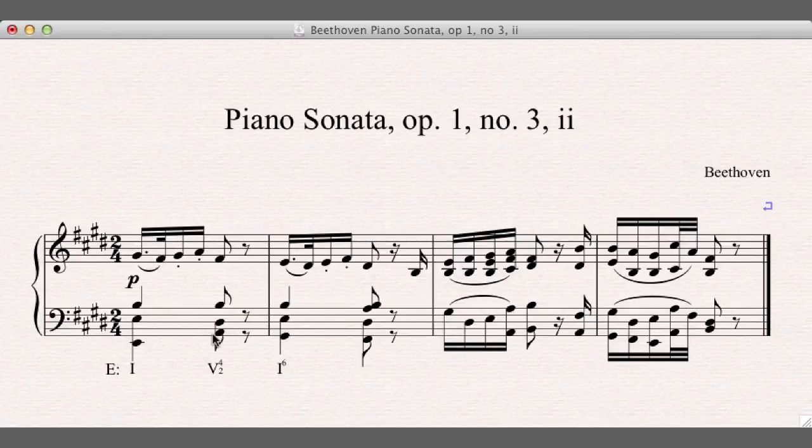So this is actually very normal voice leading right here. Good. Anyway, here we've got another V chord, root, 3rd, 5th, and a 7th here. So it's a V7 in, well, the 5th is in the bass, so that makes it a V 4-3. Whoops.